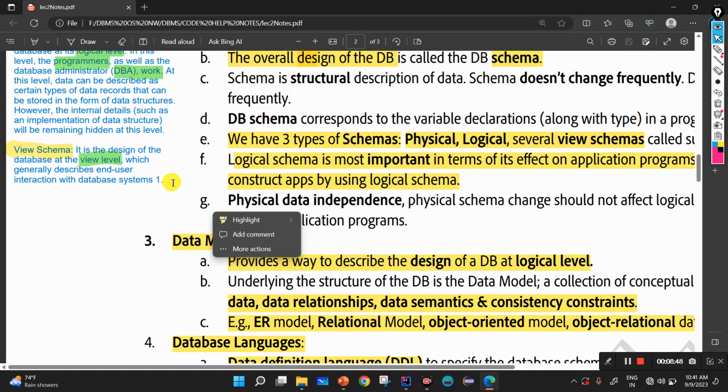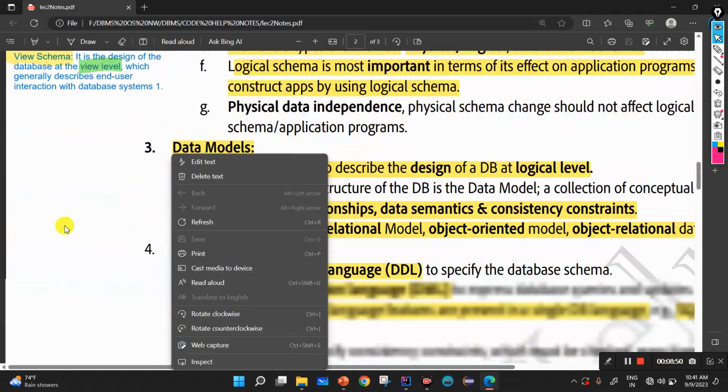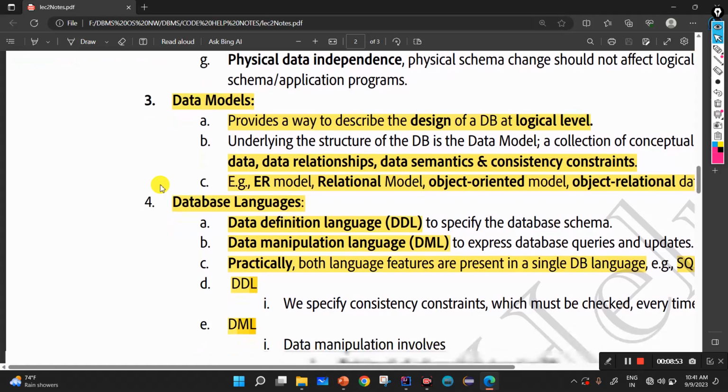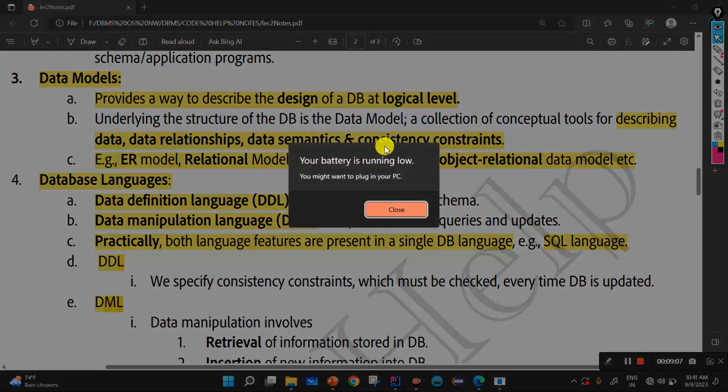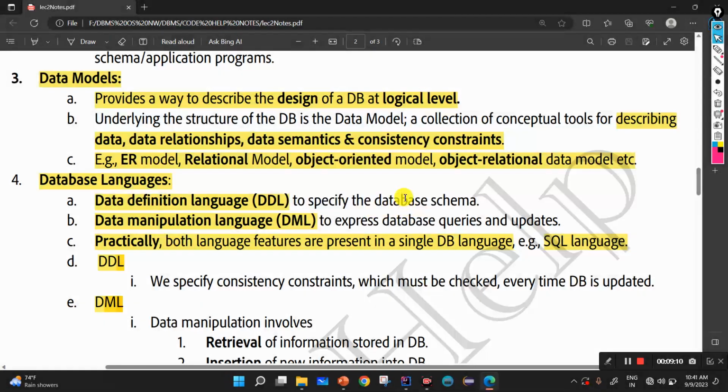So to make it simple, we have data models. Examples are the ER model, relational model, object oriented model, and object relational model. These are examples of our data models. Data relationship, data semantics, consistency constraints. These are the things.